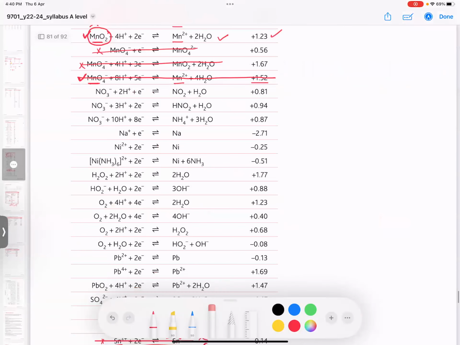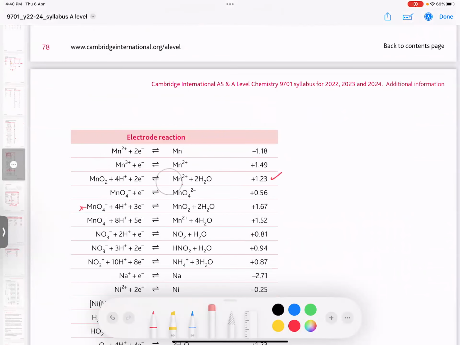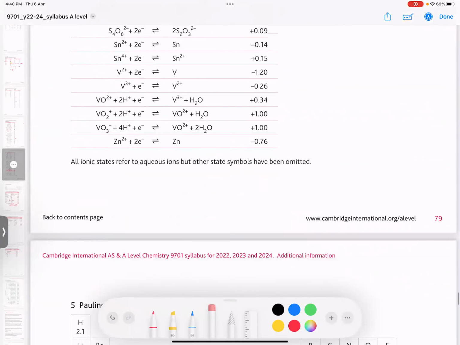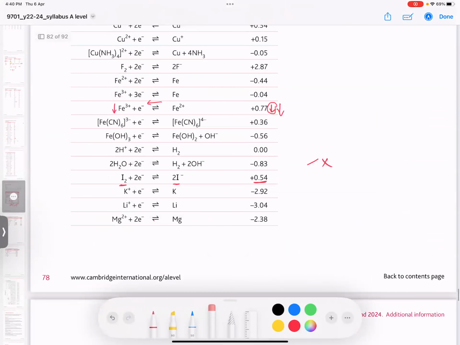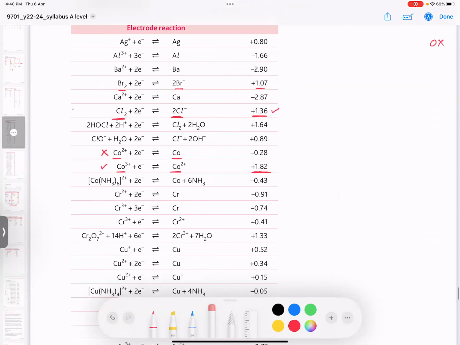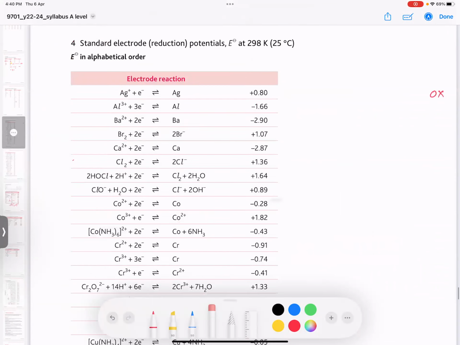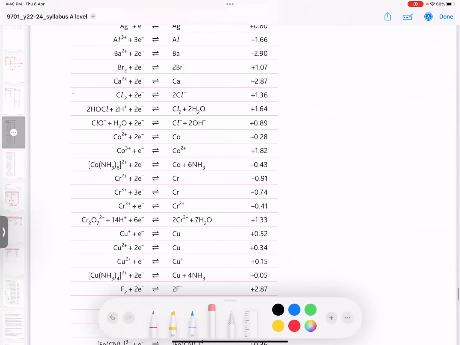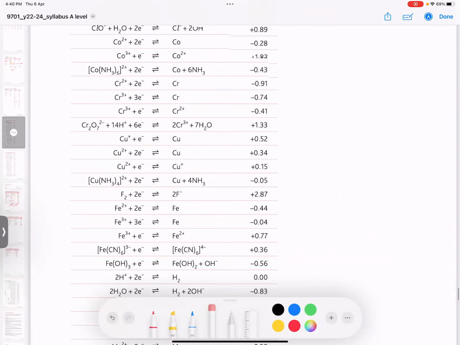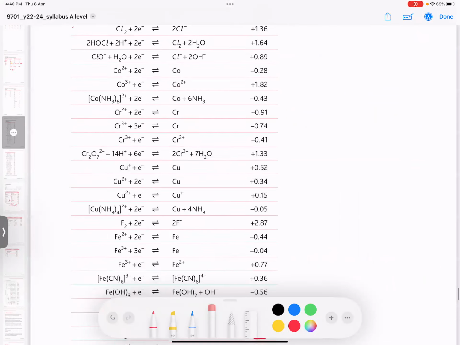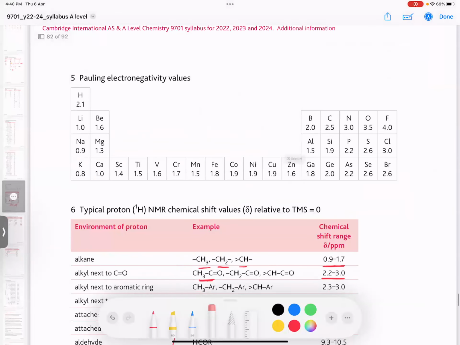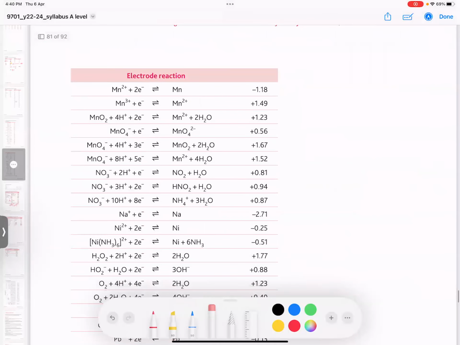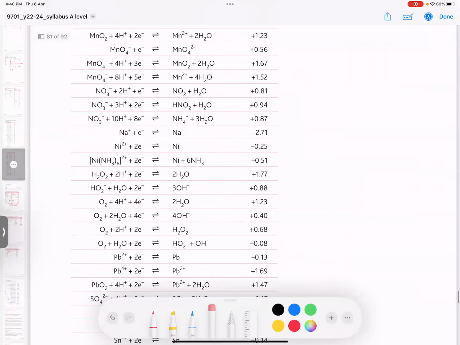The forward reaction is reduction and the backward reaction is oxidation. Remember, the forward reaction is reduction and the backward reaction is oxidation. They are in alphabetic order. Let me choose some values from here.